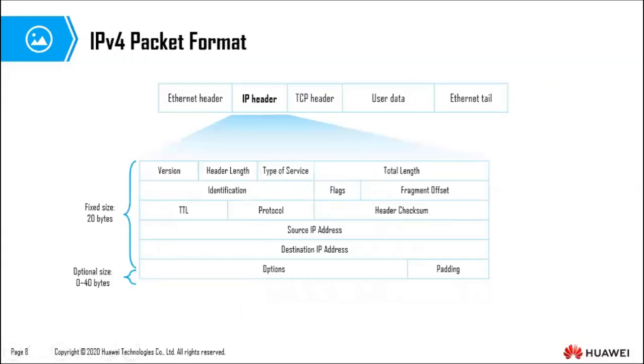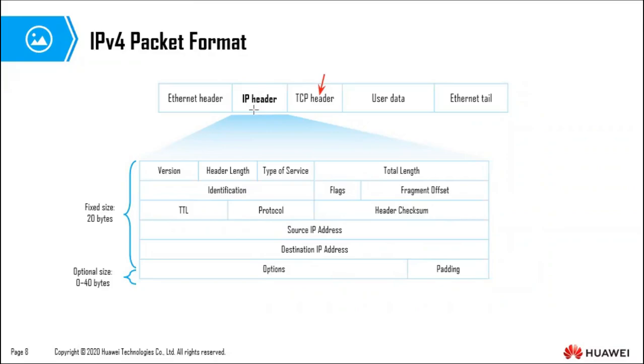This is what we call the IPv4 packet format. It is important to understand, as we saw earlier even with the TCP header, that an IP header is simply a list of fields that can hold certain information.